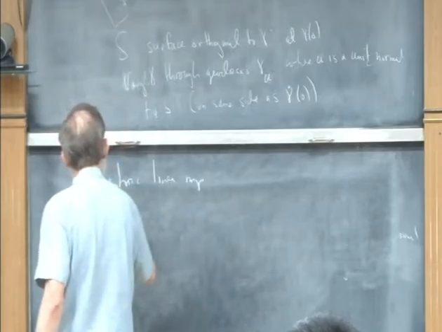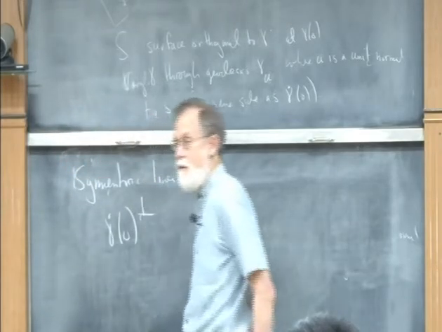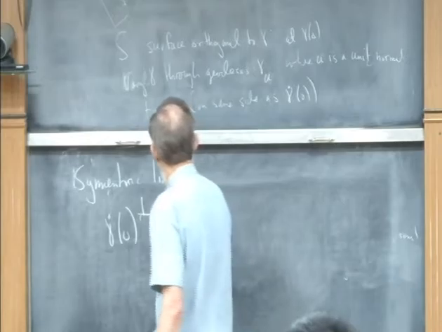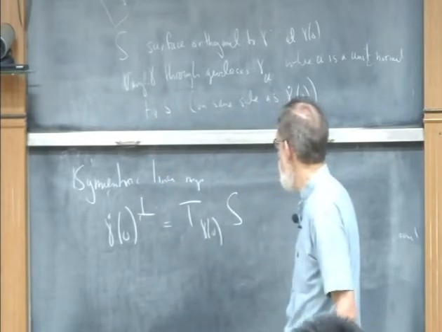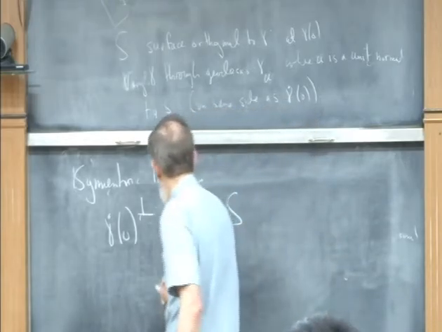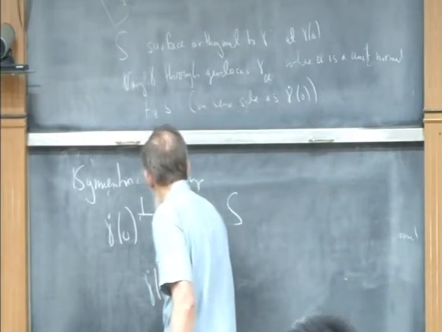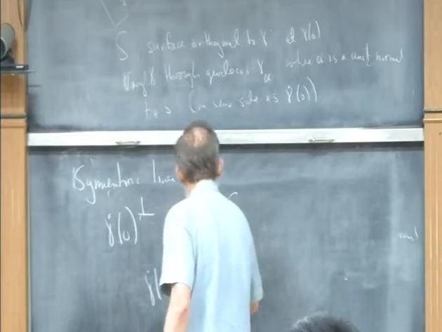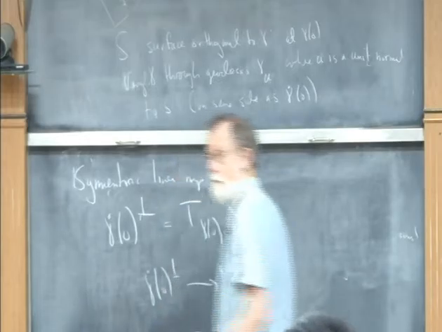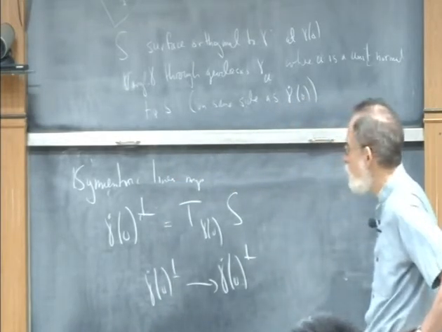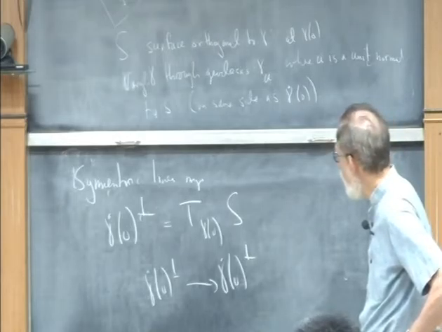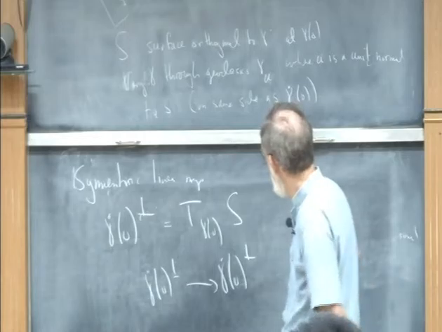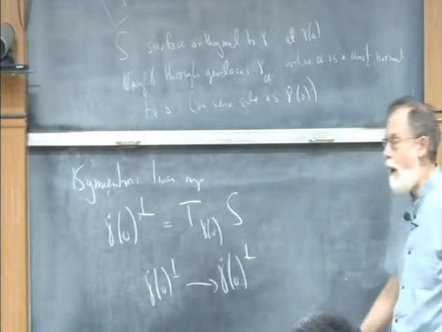So gamma 0 perp is the tangent space at gamma 0 to the surface, and there is the symmetric linear map.